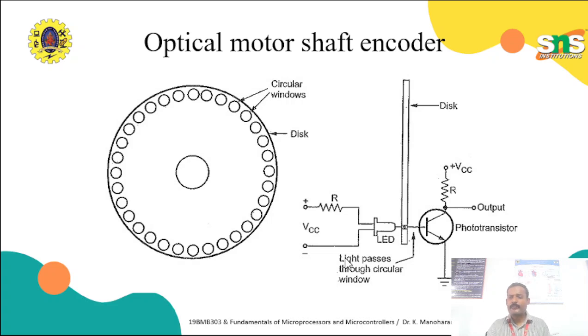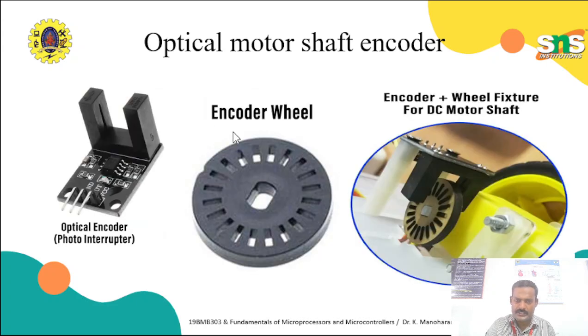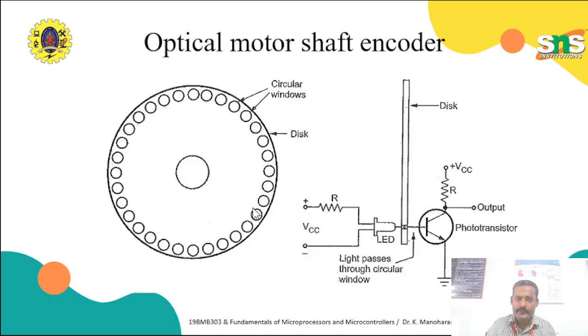Look at how it will be interfaced. This is the actual shaft encoder, and we have circular windows. It is the same thing as before: here we have an encoder wheel with a square opening, and here a round opening. That's the only difference. This will be connected to the motor rotor part. Once the motor rotates, this disc will start rotating. The disc contains the holes, and it may contain the required number of holes.